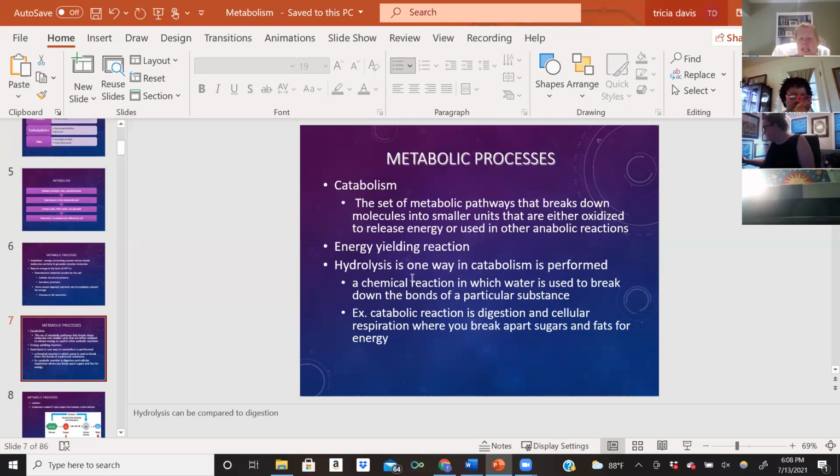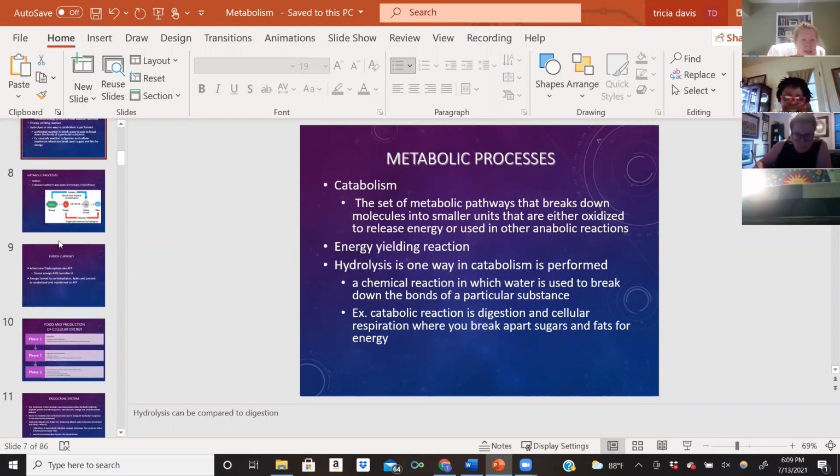So it is basically a chemical reaction in which water is used to break down the bonds of a particular substance. An example of a catabolic reaction is digestion and cellular respiration, where during that process, the body breaks apart sugars and fats and in turn uses them for energy.